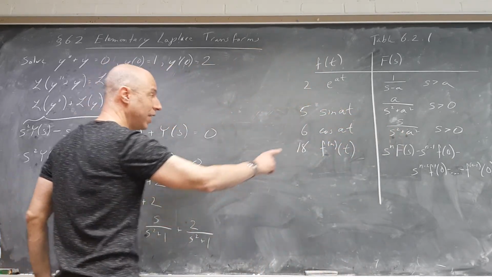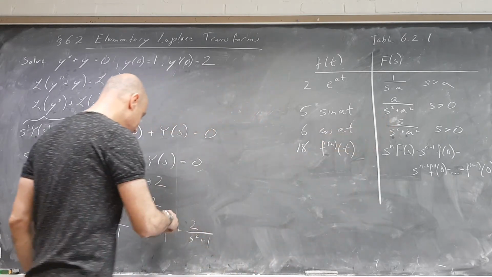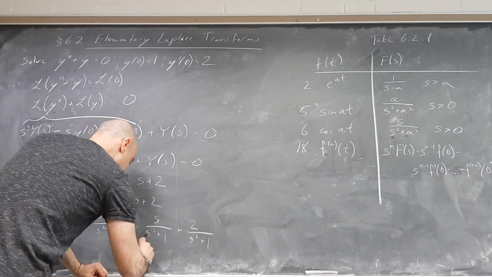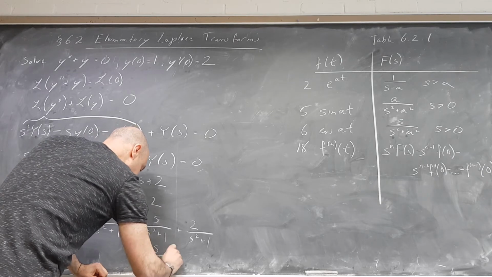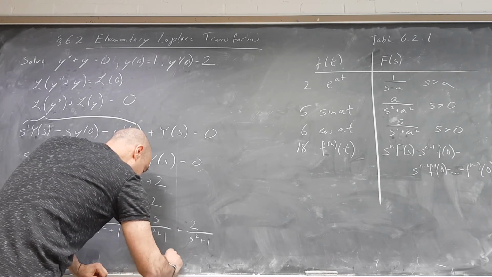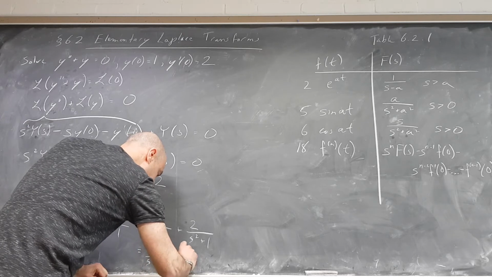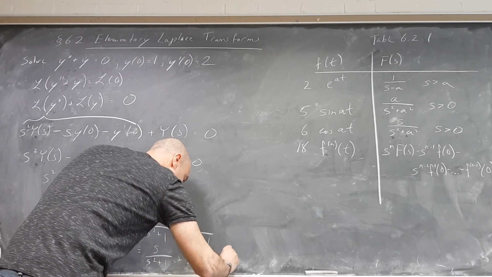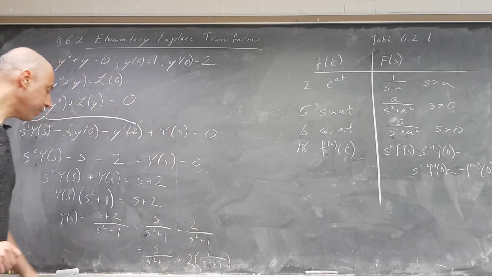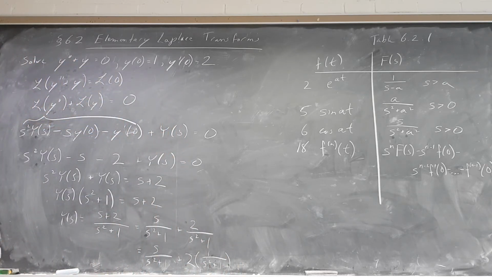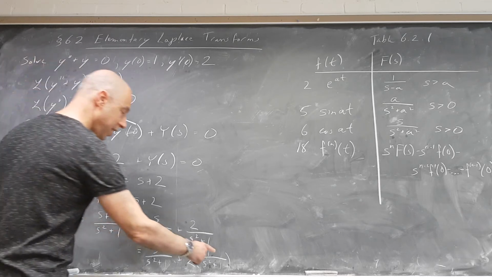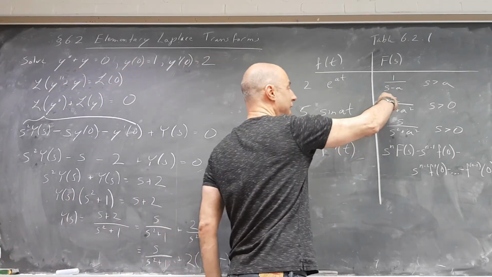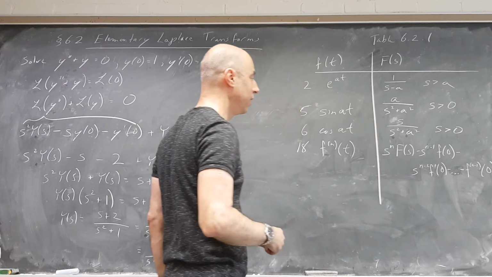This doesn't quite look like this yet, but it would if I pulled a 2 out in front. So s over s squared plus 1 plus 2 times 1 over s squared plus 1. Okay, so now this looks just like that, where a equals 1.